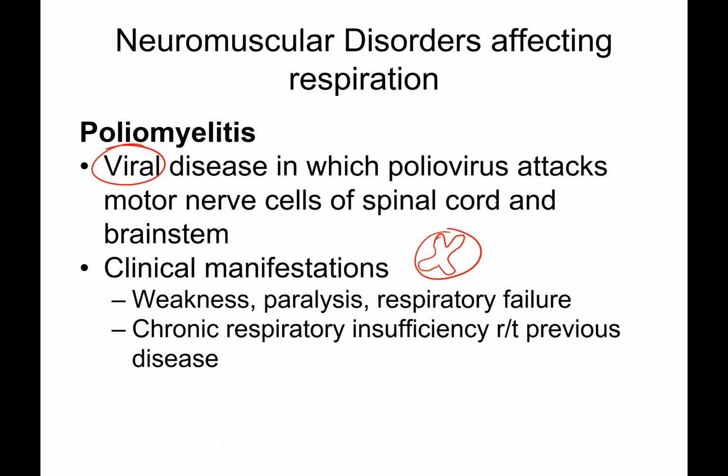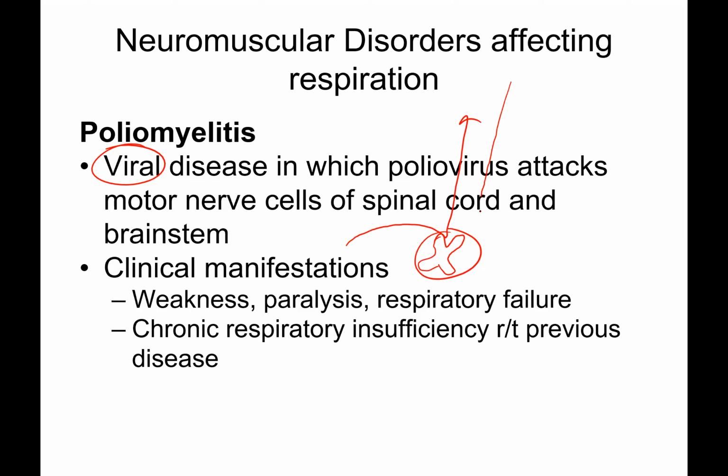And then you have the sensory, which goes in and up to the brain through the dorsal columns. If you remember back from neuro, your fasciculus cuneatus and fasciculus gracilis. That's sensory. And then you have motor that comes down and hits the anterolateral system.